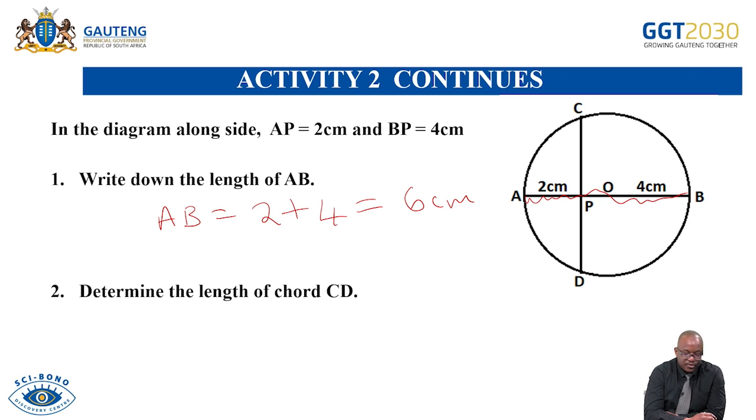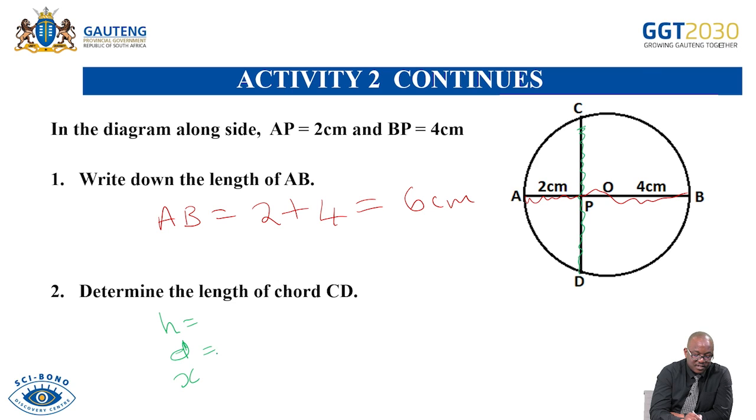Correct. So now, question number 2 says you must determine the length of chord CD. So that's what we are looking for now. Remember, I've explained that we need to identify your h, your d, and your x.